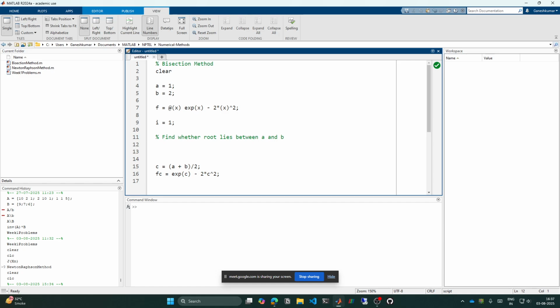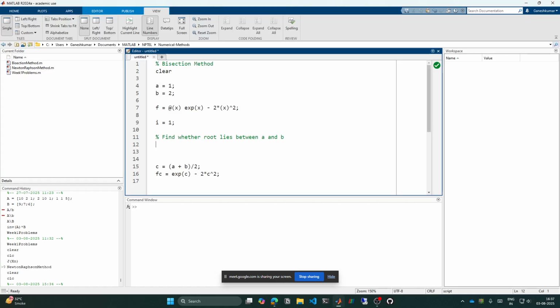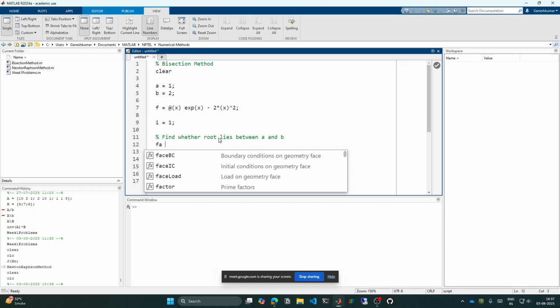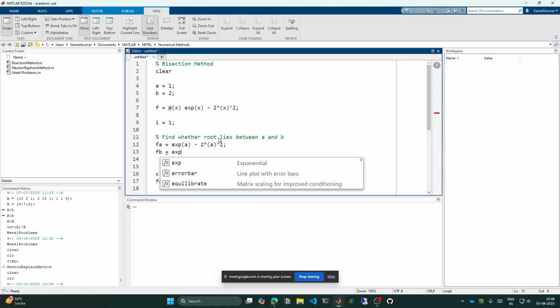So first we need to find whether the root lies between a and b. f of a is the exponential of a minus 2 times a square, and similarly f of b is the exponential of b minus 2 times b square.